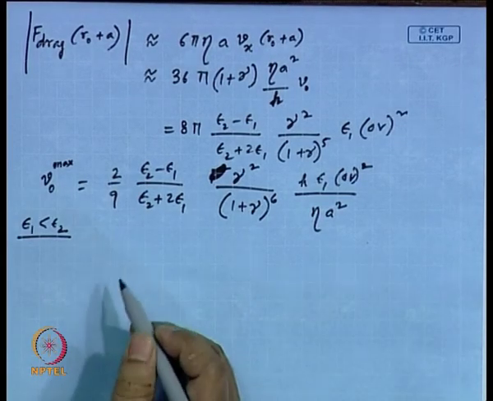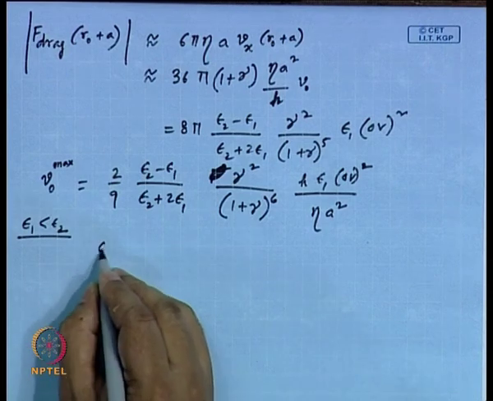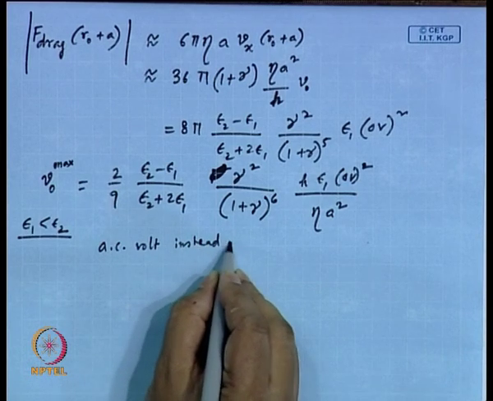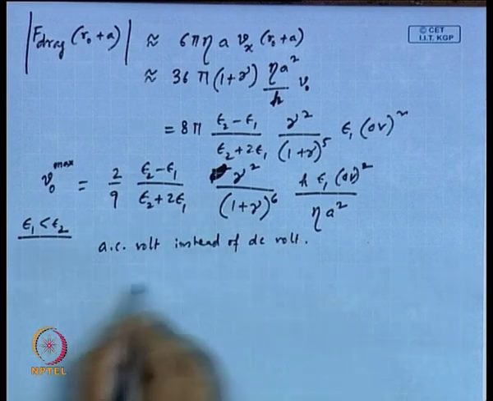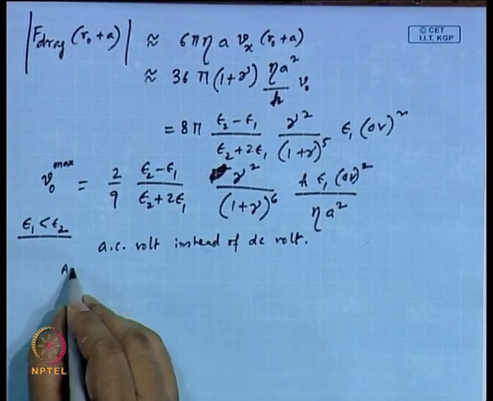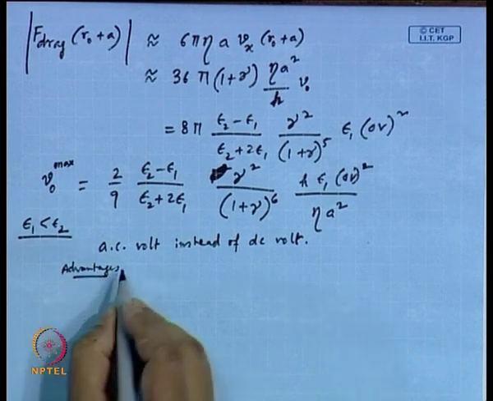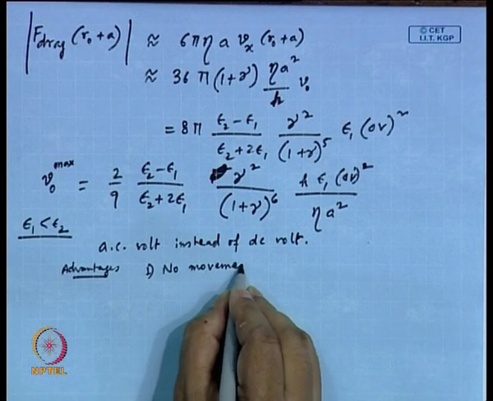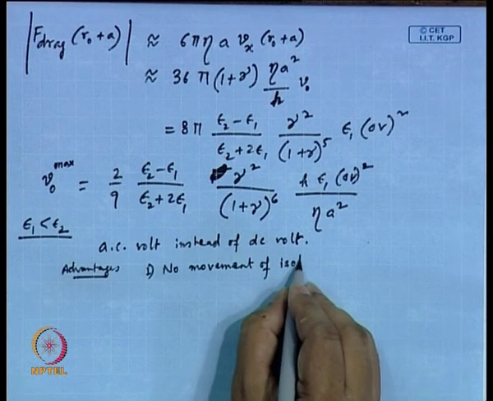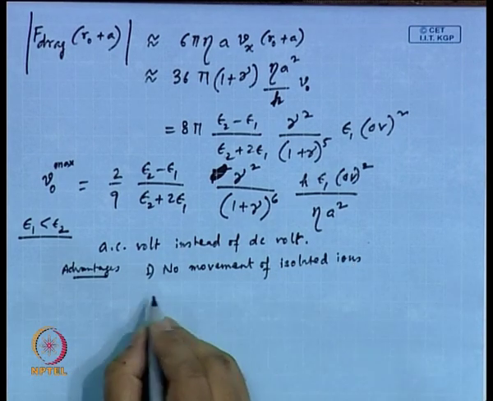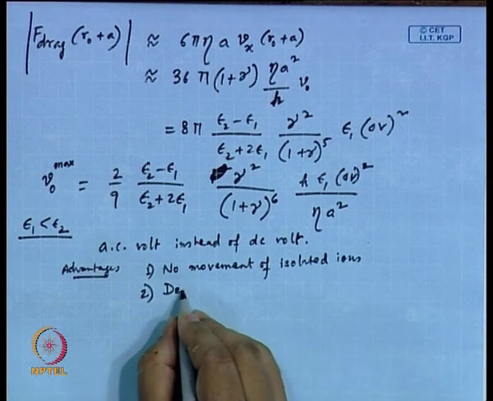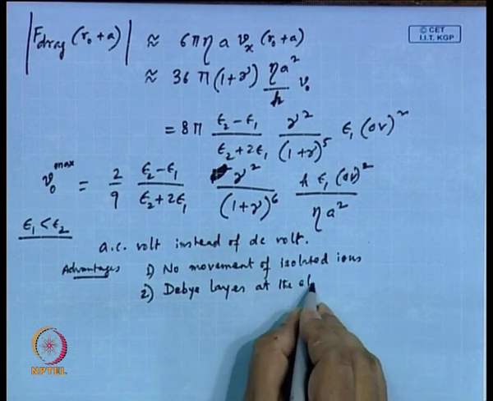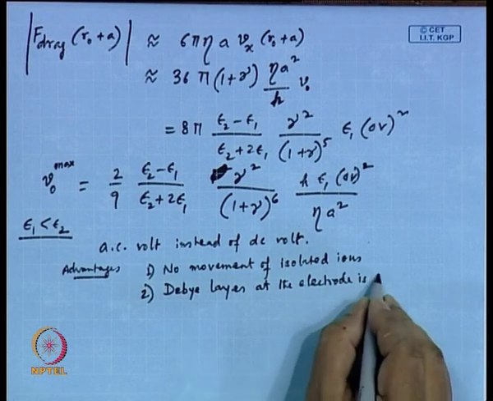Now, if you have an AC voltage instead of DC voltage, then the advantages are no movement of isolated ions, and the double layer at the electrode is avoided.